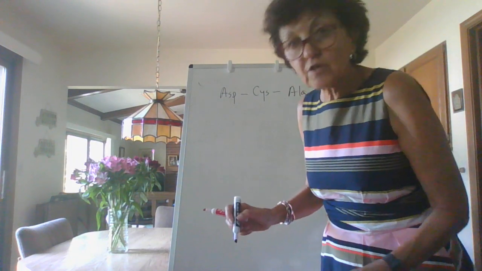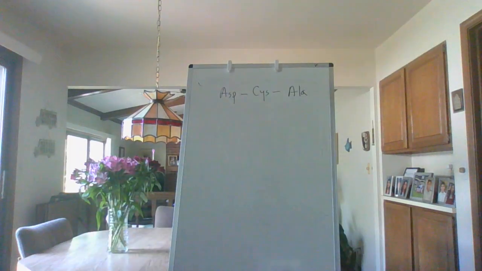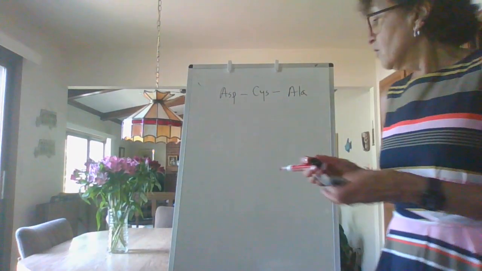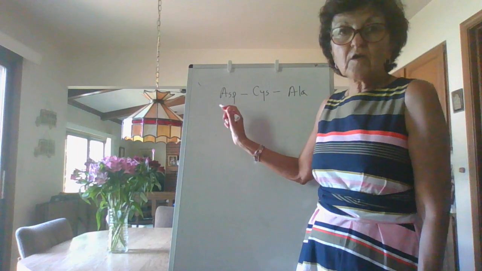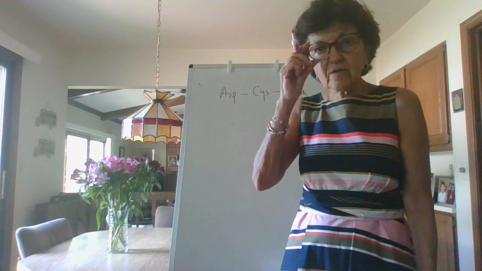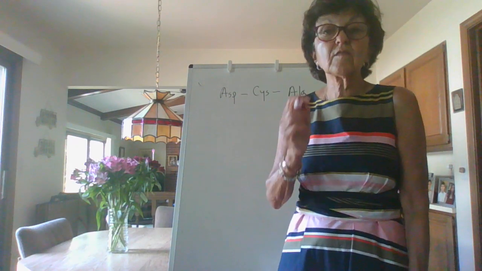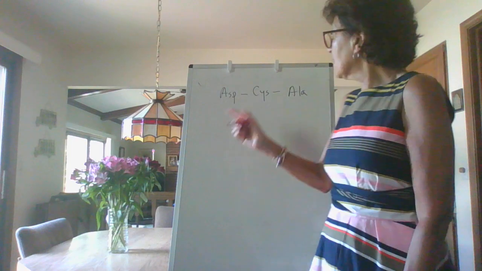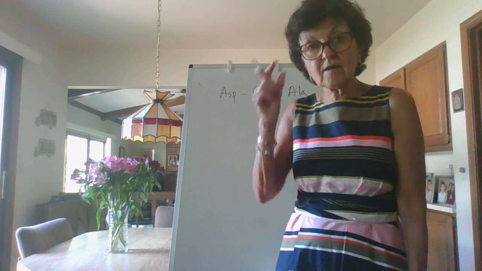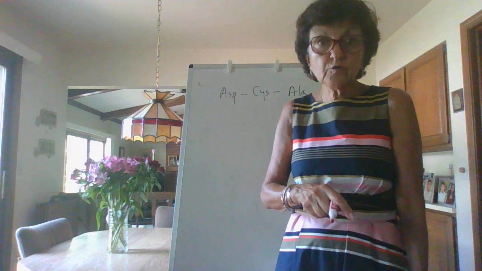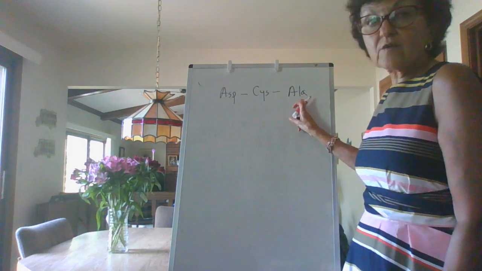What if I ask you guys, here it is, what if I ask you, what category is this? You would know that aspartic acid is in the polar acidic. And I ask you, what category is this? Cysteine is in the polar neutral. And I say, what category is this?